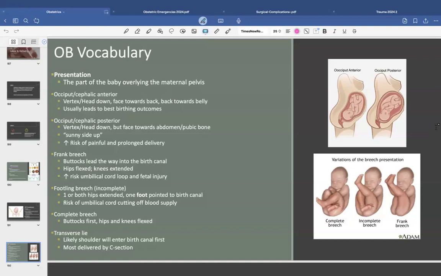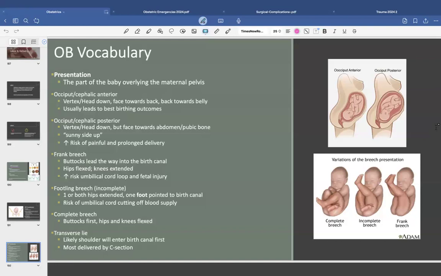They call this sunny side up because the face is looking upward. This patient is at a high risk for prolonged labor and a very painful labor. We're going to talk about this because there are several cardinal movements my baby has to make to get out of the pelvis. So we'll talk about why this is not ideal.